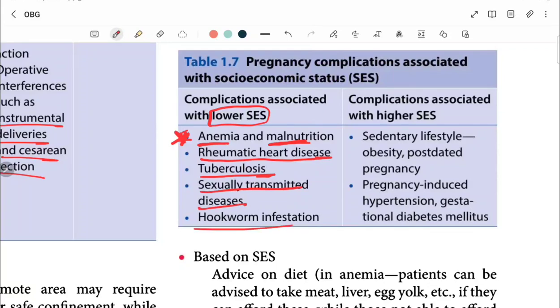Whereas the complications associated with higher socio-economic status are sedentary lifestyle, obesity, post-dated pregnancy, pregnancy-induced hypertension and GDM. These are all complications associated with higher socioeconomic status.